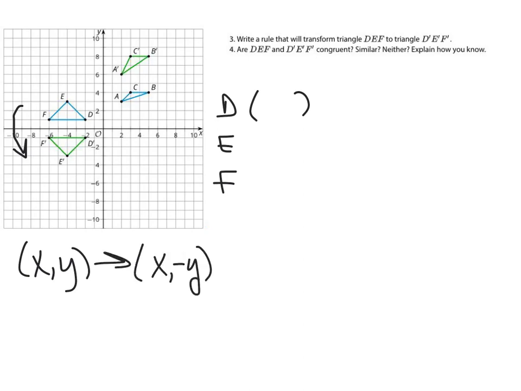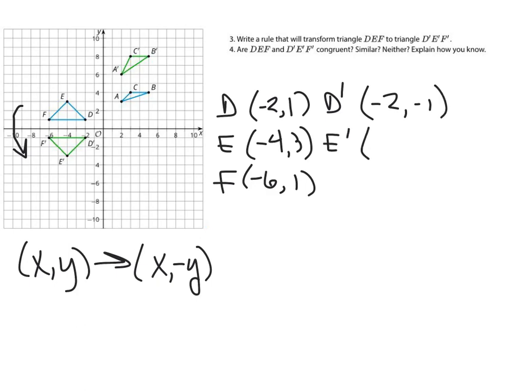But let's check. So D is (-2, 1). E is (-4, 3). And F is (-6, 1). D prime is (-2, -1).